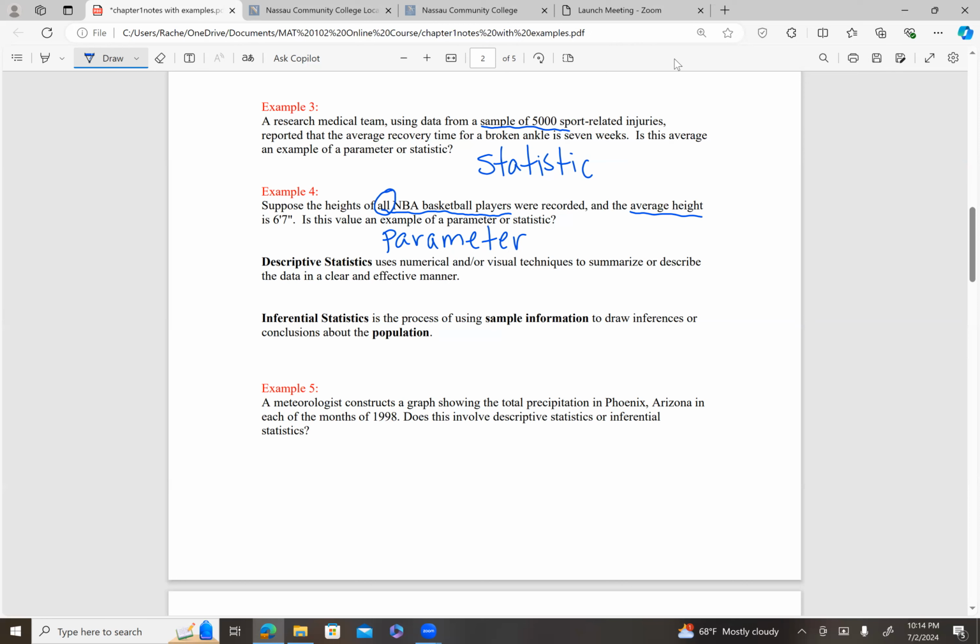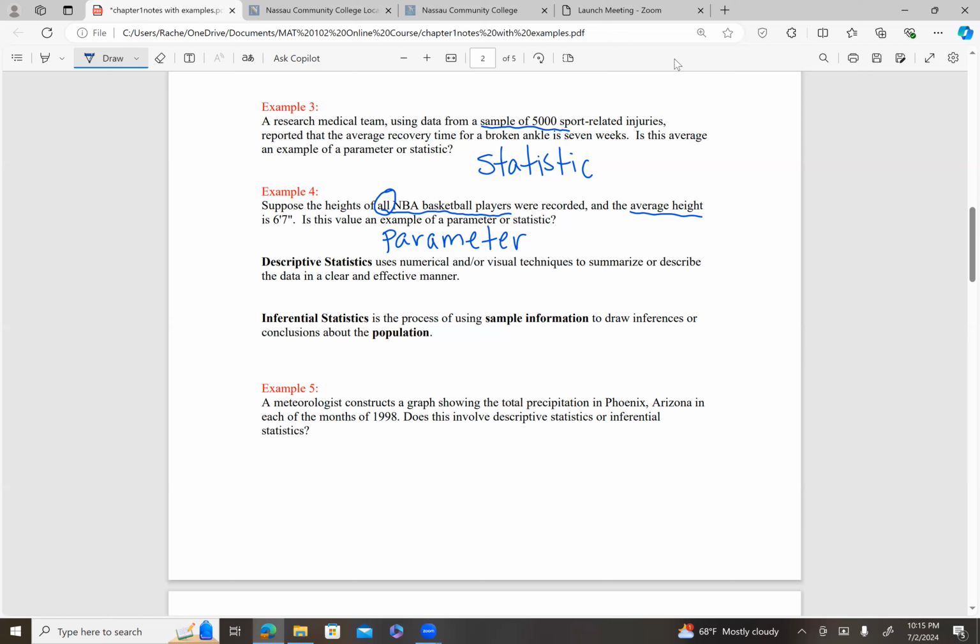So I think of the word describe whenever I think of descriptive statistics. So descriptive statistics can include numerical and/or visual techniques, such as graphs, tables, to summarize data in a clear and effective manner. So basically, we're describing our data, and there's different ways to describe data. We could do it numerically and/or visually.